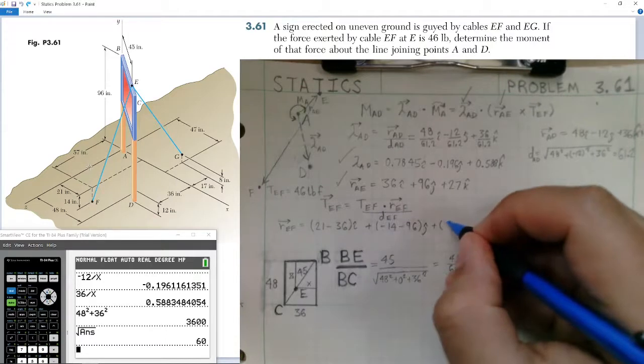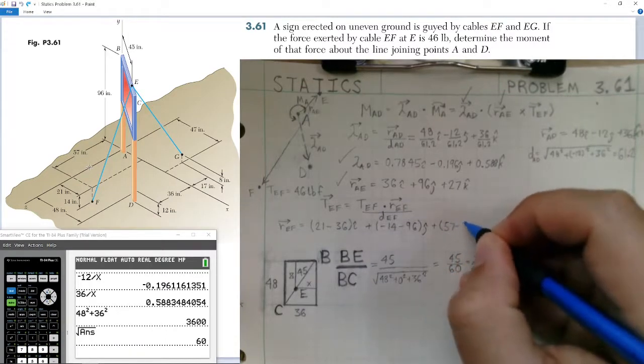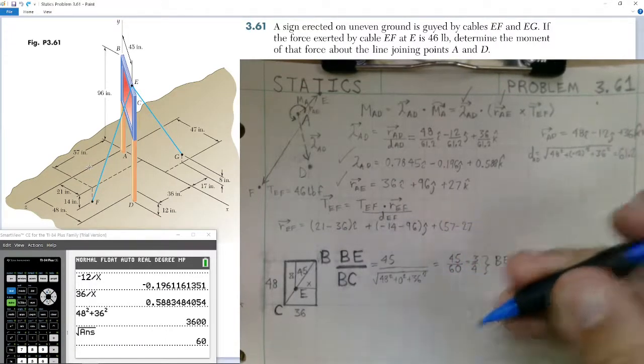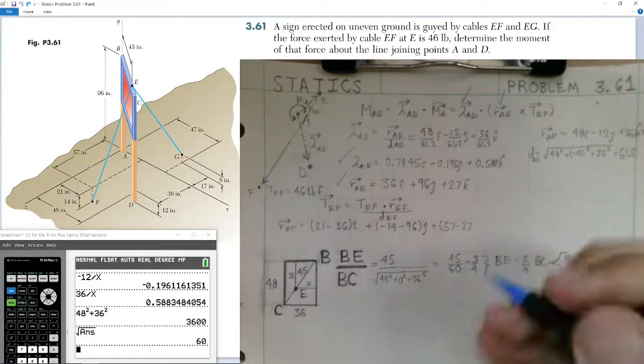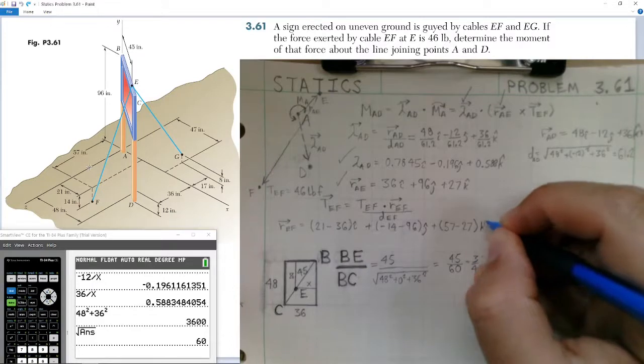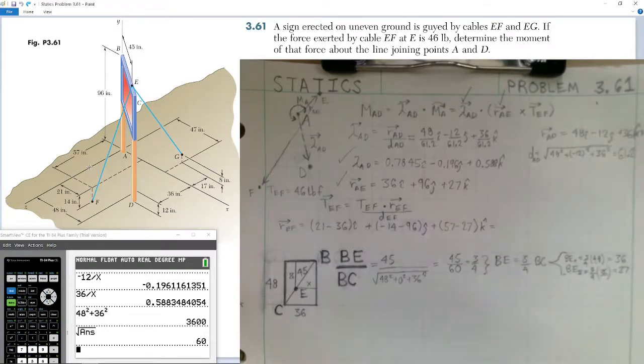So we'd have 57 minus 27. Okay, so we can compute the position vector by simply doing these subtractions. So it would be 21 minus 36. Go to our calculator. Okay, so we have 21 minus 36.